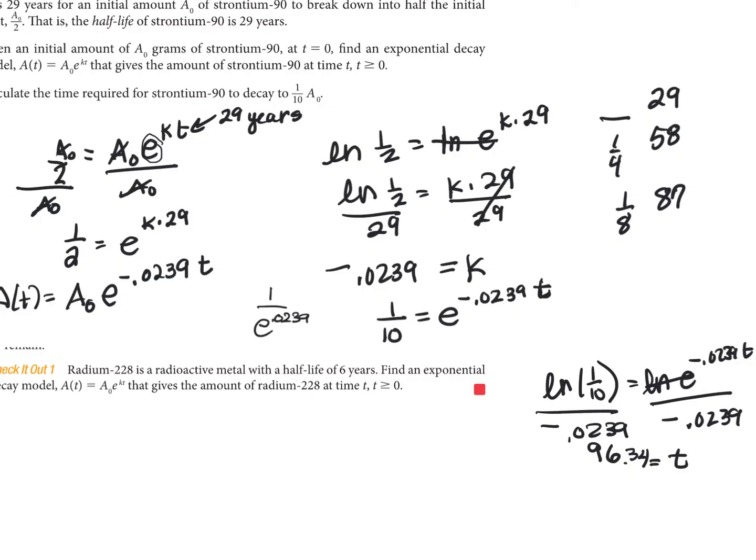And another 29 years, at 116 years, it would be at 1/16. So our answer of 96 years does fit right into what we understand to be true, because 1/10 is between these two numbers, and 96 is between 87 and 116.